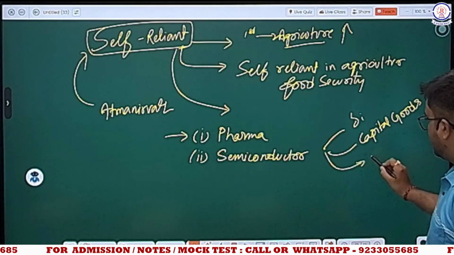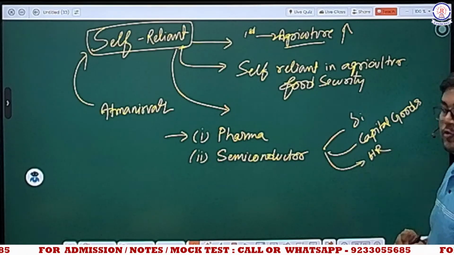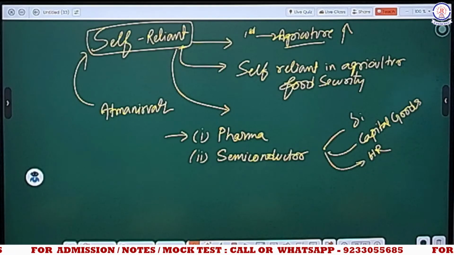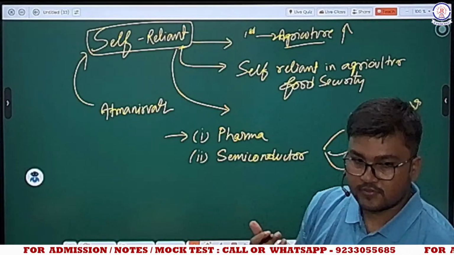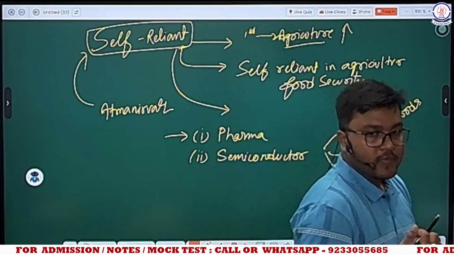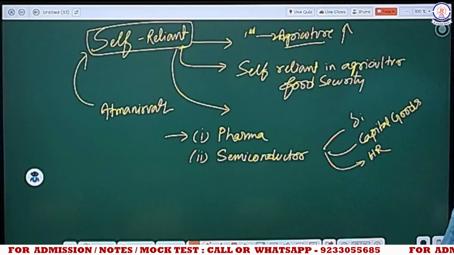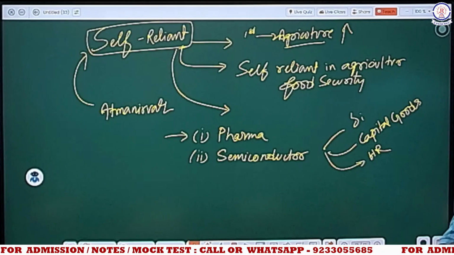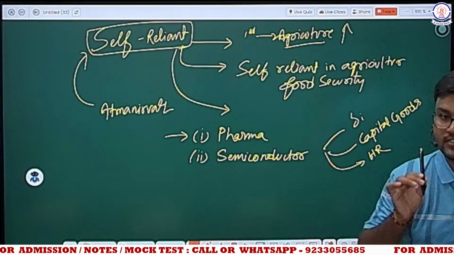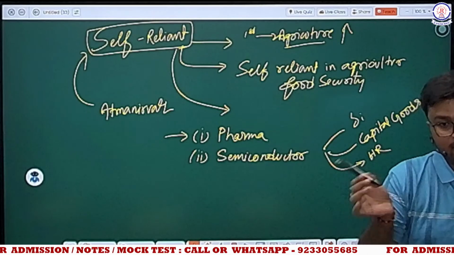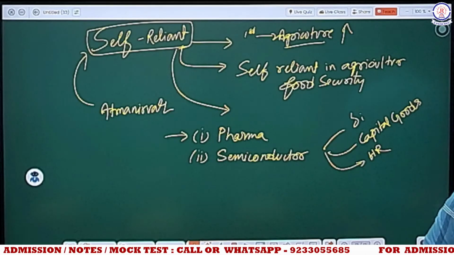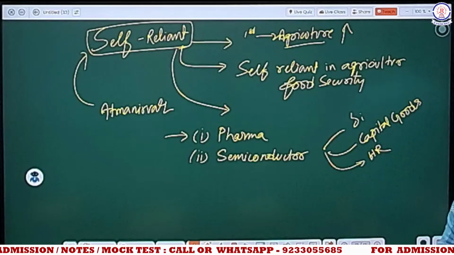Then most important is human resources. The technology or the patents we don't have. There is only a single company in the entire world which manufactures the machine which can manufacture a semiconductor. Only a single company.